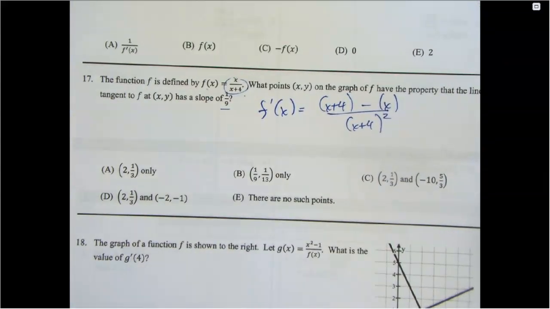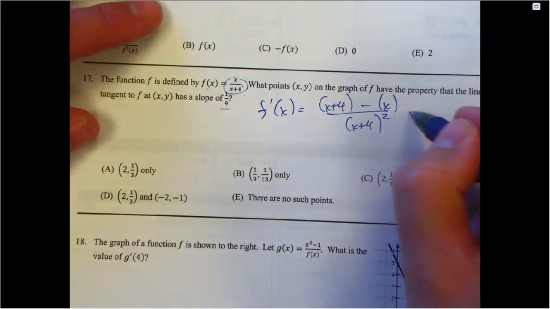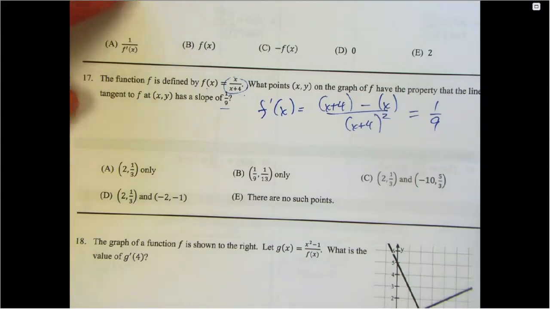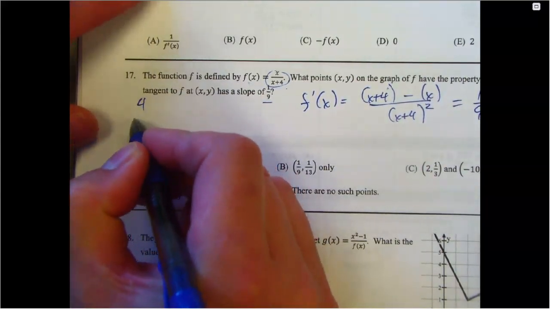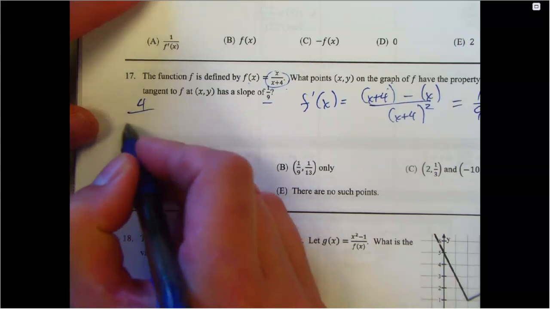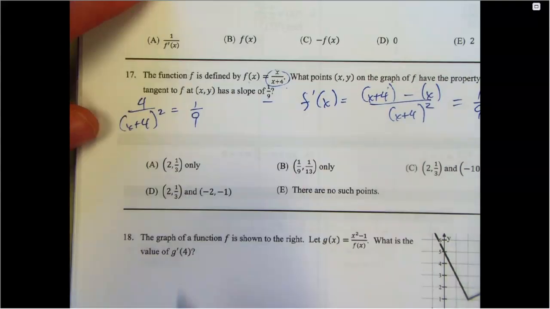And then what do I want to set that equal to? The derivative tells me the slope. They're saying I want the slope to be 1/9. So I set that equal to 1/9. On top I get 4 over x plus 4 squared equals 1/9.